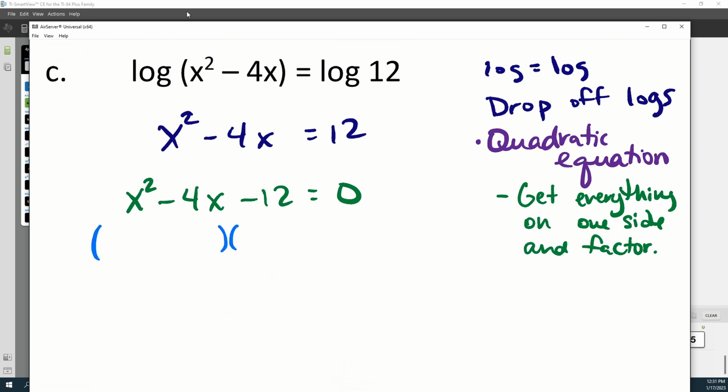Okay, then we have our two parentheses. I know to get x squared, it's going to be x and x. And then I also know if this is a minus, that my signs in the parentheses are going to be different. One will be a plus and one will be a minus.